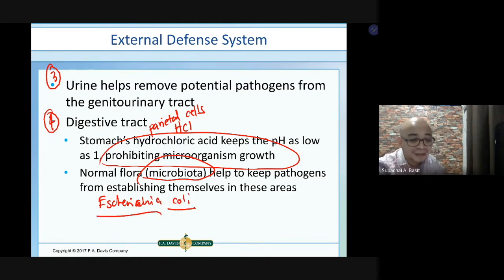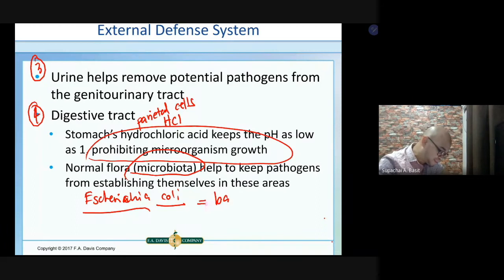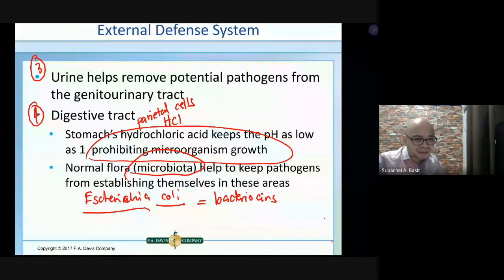The normal E. coli, not the ETEC, EHEC, EPEC, and EAEC. Some strains of the normal Escherichia coli can produce bacteriocins. These bacteriocins will even prevent harmful pathogens from growing, because normal microbiota keep pathogens from establishing themselves in this area.